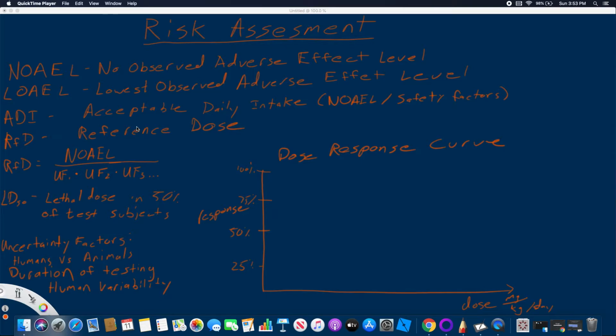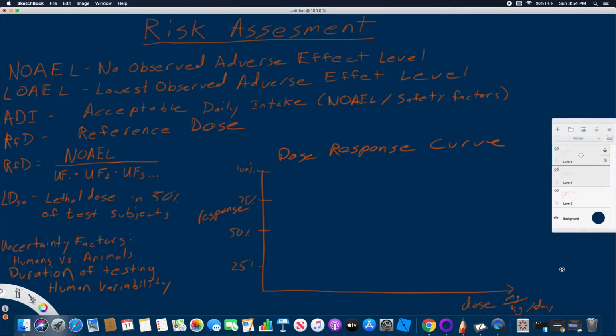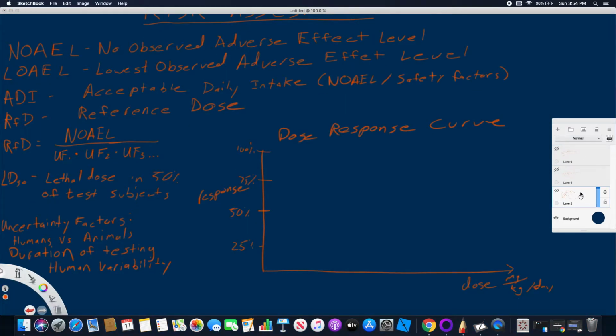You have increasing dose on the x-axis, in milligrams per kilogram of body weight per day, which is your exposure. And response is basically the percentage of test subjects that had an adverse effect.